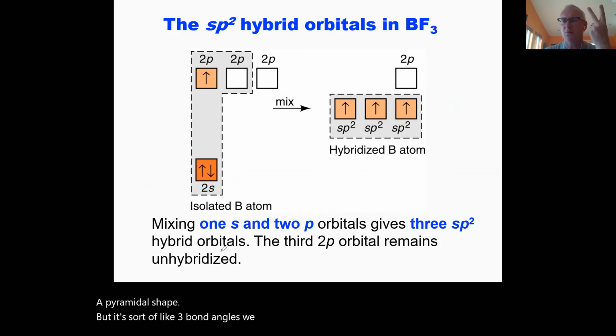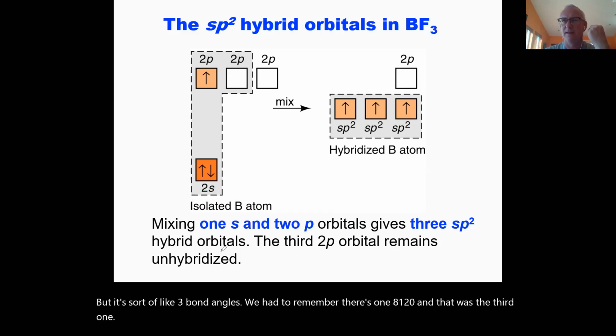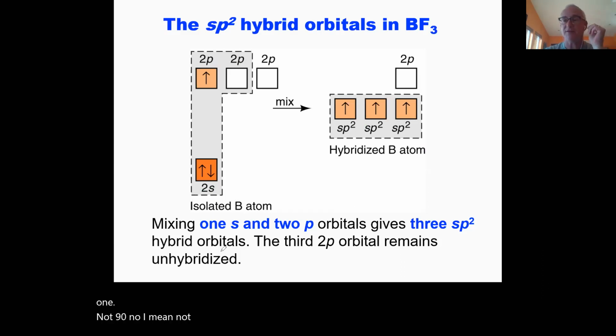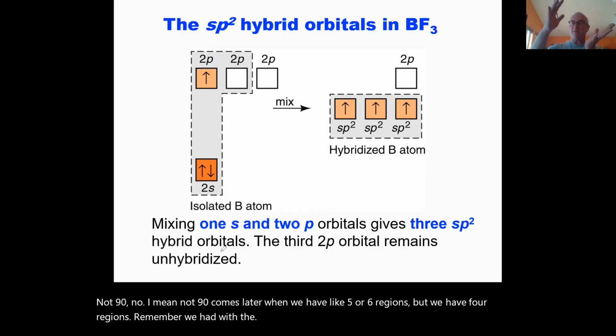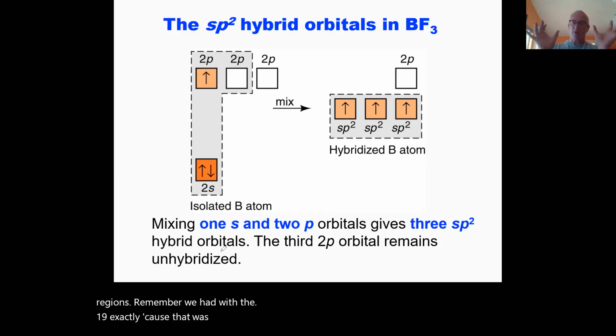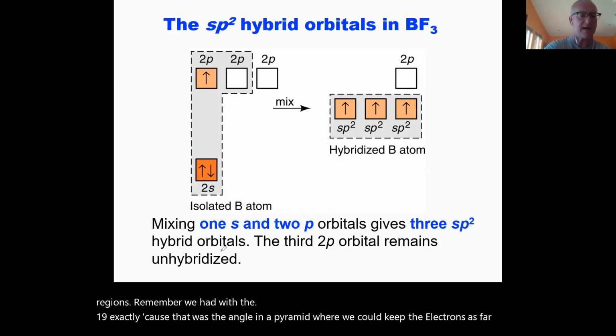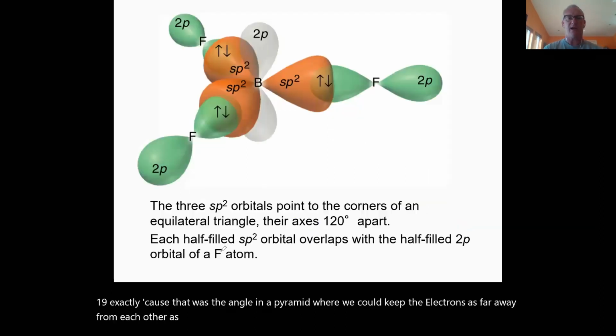There's 180, 120, and what was the third one? 90 degrees? Not 90, no. 90 comes later when we have 5 or 6 regions. But when we have 4 regions, you remember we had the 109? 109, exactly. Because that was the angle where we could keep the electrons as far away from each other as possible. And that'll be coming up.